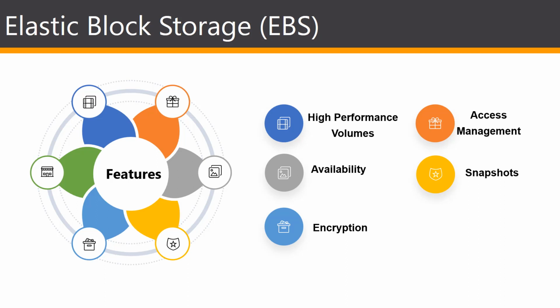Some of the benefits of EBS are reliable and secure storage. Each volume provides redundancies within its availability zone to protect against failures. Encryption and access control policies deliver a strong defense-in-depth security strategy for your data.